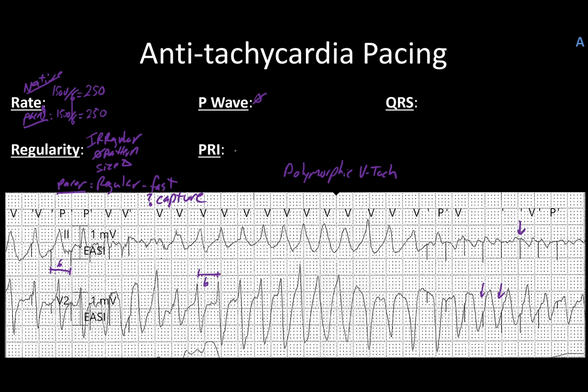We definitely don't have any P waves, and so we definitely don't have any PRI to measure. If we look at the QRS native, we are fast, wide, we change amplitude, and that's pretty much everything you need to say that that is VTach, polymorphic.